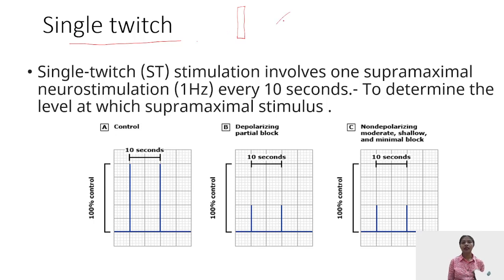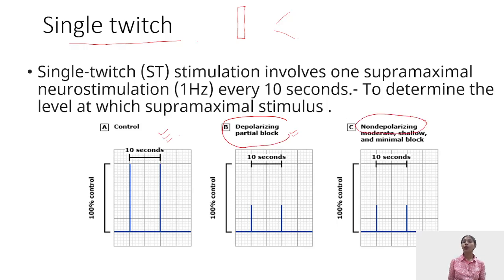And the second is that we can see a fade. See, this is the normal, that is the control. This is the single twitch, and the amplitude of the muscle contraction can be seen. When you have given the blockers, you can see the amplitude has come down. But the problem with the single twitch is, if you see it carefully, it has come down to the same degree whether we are using depolarizing blocks or non-depolarizing blocks.